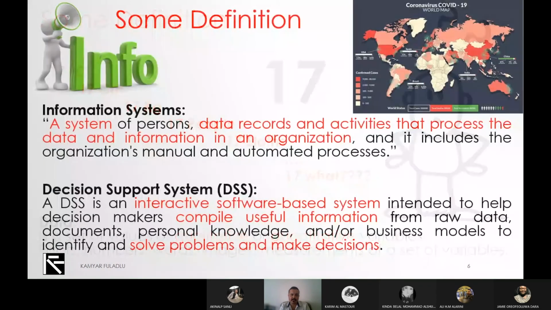As I said, information system. First of all, let's also say what is a system. If we want to understand what information is, for instance, this map in the right corner of the screen provides you information about the COVID-19 pandemic through the world map.